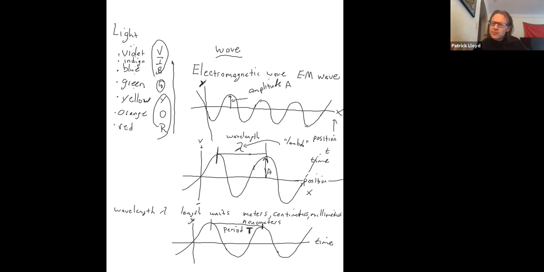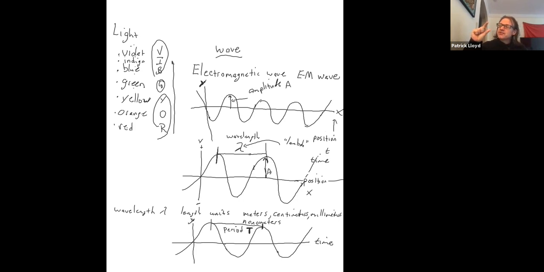But there's another way of thinking about that vibration, and that is to use the reciprocal of the period, 1 divided by the period. If you take the reciprocal of the period, what you're measuring is how many vibrations occur in a given amount of time.